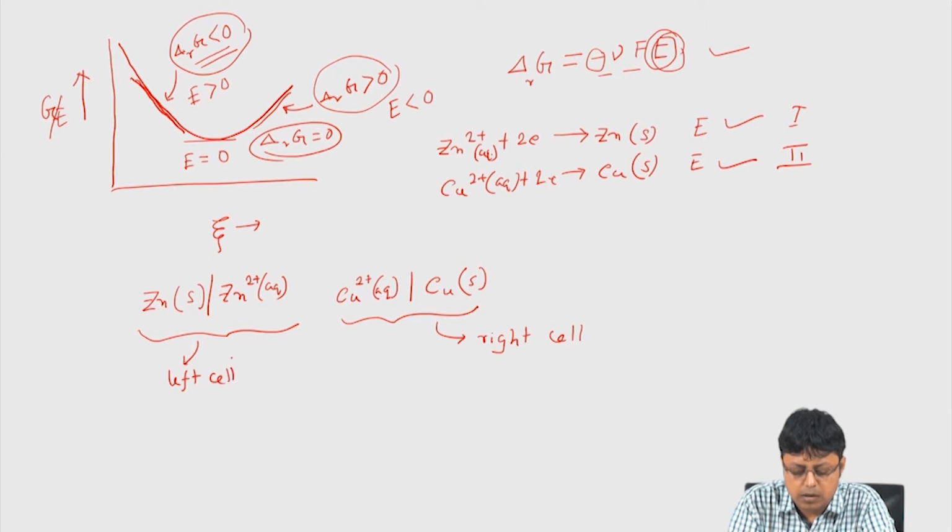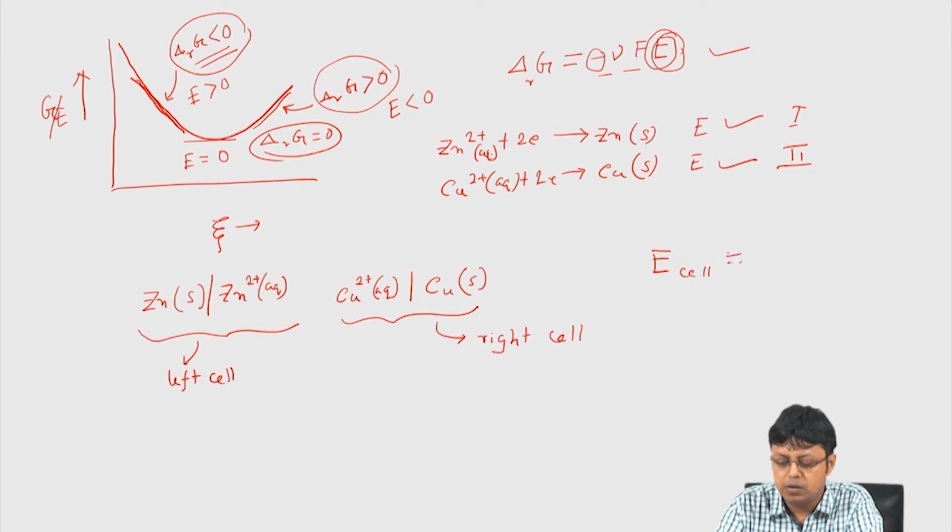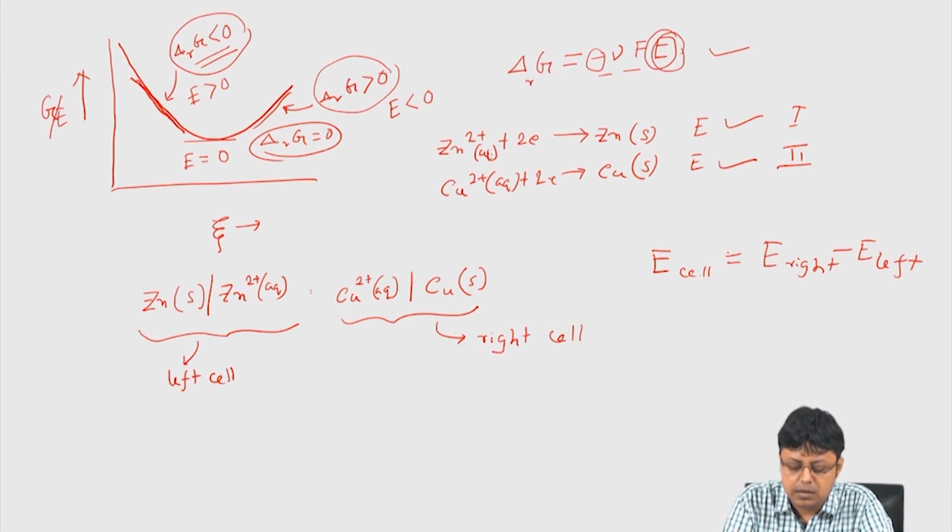Overall, the potential of the cell we can always write as E right minus E left. Now, these vertical bars, as I said, show the electrode and electrolyte interface, but what about between two electrolytes?